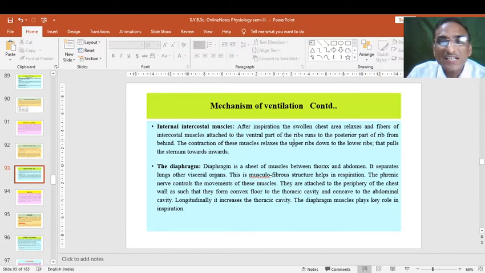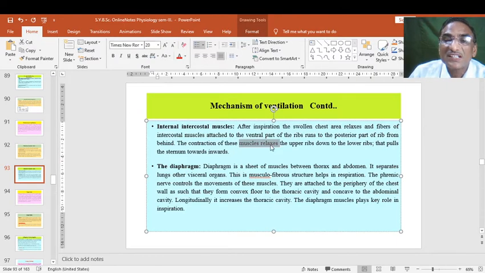So this is the actual way of contraction and relaxation of the muscles. The contraction of these muscles relaxes the upper ribs down to the lower ribs, and that pulls the sternum inwards. In this way, the contraction and relaxation of the muscles facilitate respiration, or we can say ventilation.